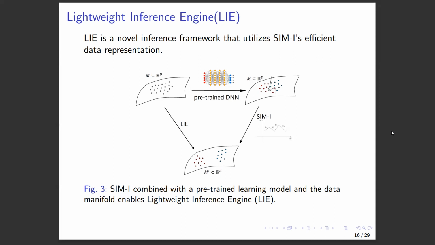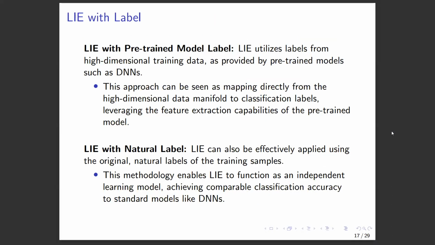This figure shows a scenario where the Sigma-I is combined with the pre-trained learning model and the data manifold. But this is one typical case of our LIE application. In addition to using the pre-trained labels, the LIE can also use the original natural label that the data has.